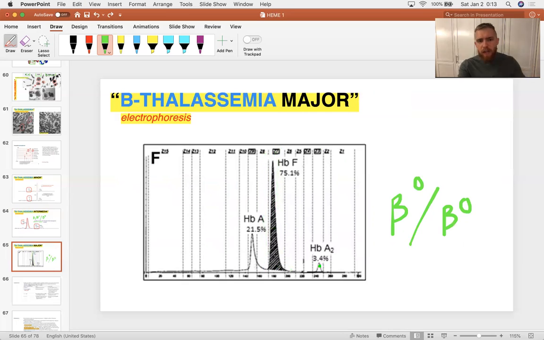And this is actually an electrophoresis taken after blood transfusion, in which they put some hemoglobin A into this patient, and it still was only 20% of his circulating hemoglobin. So if you have beta thalassemia major, you've got just about nothing but hemoglobin F and a little bit of hemoglobin A2 in your blood. And again, that's going to be double knockout, B0, B0.